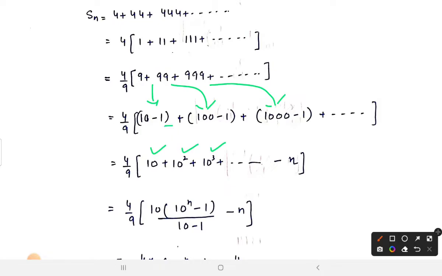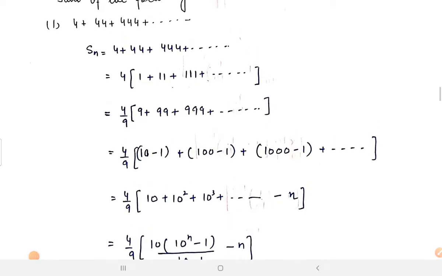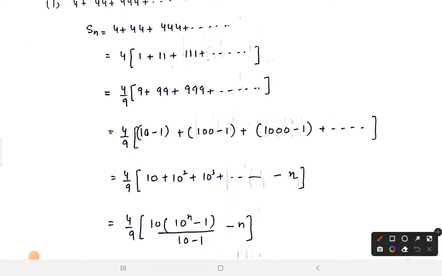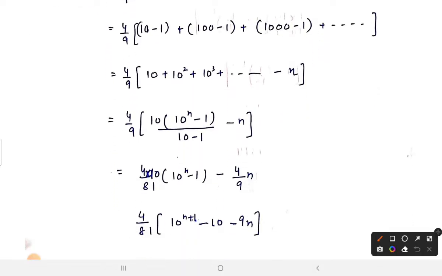So we will get 10, 100, 1000 and so on. And minus 1, 1, 1 up to n terms is minus n, that is, subtracting 1 n times. So we have the first term as 10 and the common ratio is also 10. So it is a times r to the power n minus 1 upon r minus 1, as the common ratio 10 is greater than 1, minus n. So we have 4 into 10 into 10 to the power n minus 1 upon 9, minus n.